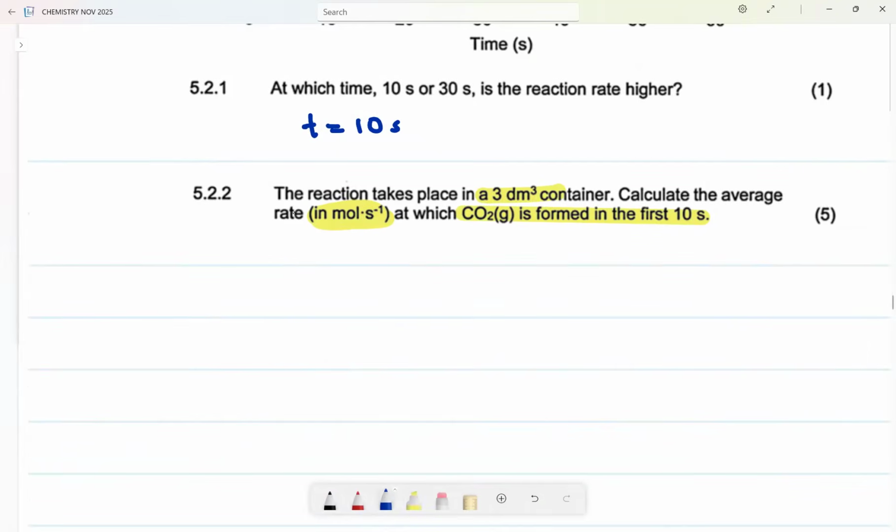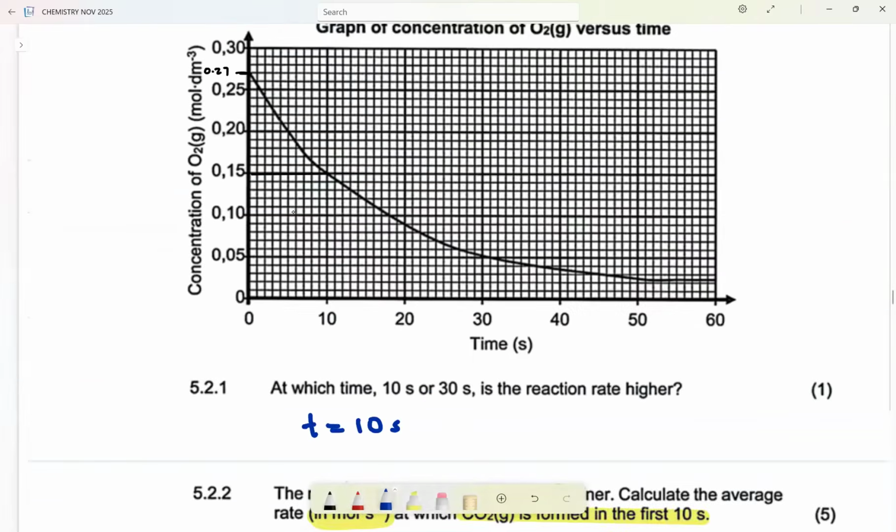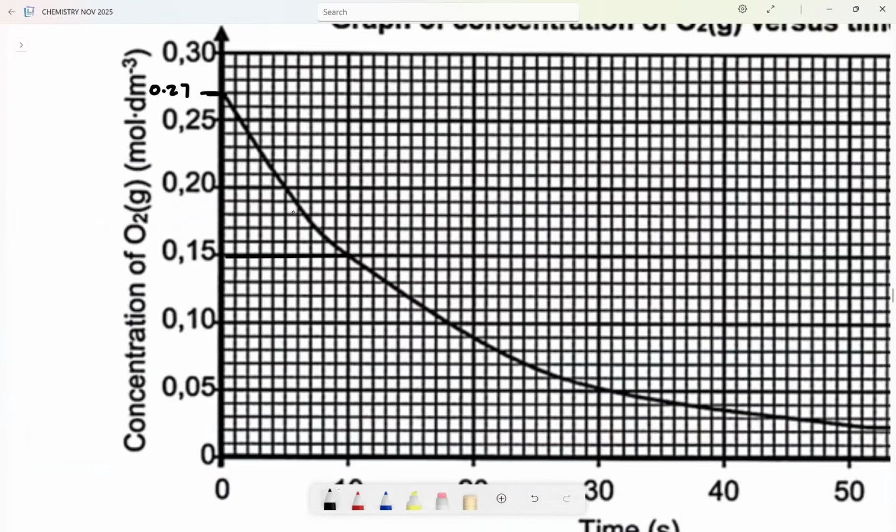So the number of moles of O2 is equal to CV, for the 10 seconds. Remember, C is equal to n over V, so number of moles is equal to CV. How much is the concentration? Let's analyze the graph. At 10 seconds the concentration is 0.15 and initially it was 0.27.